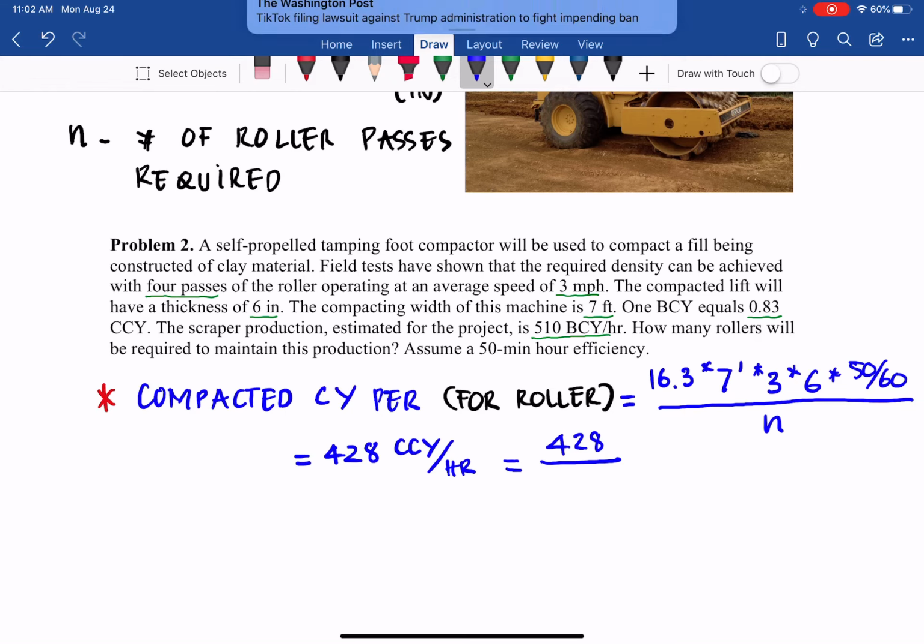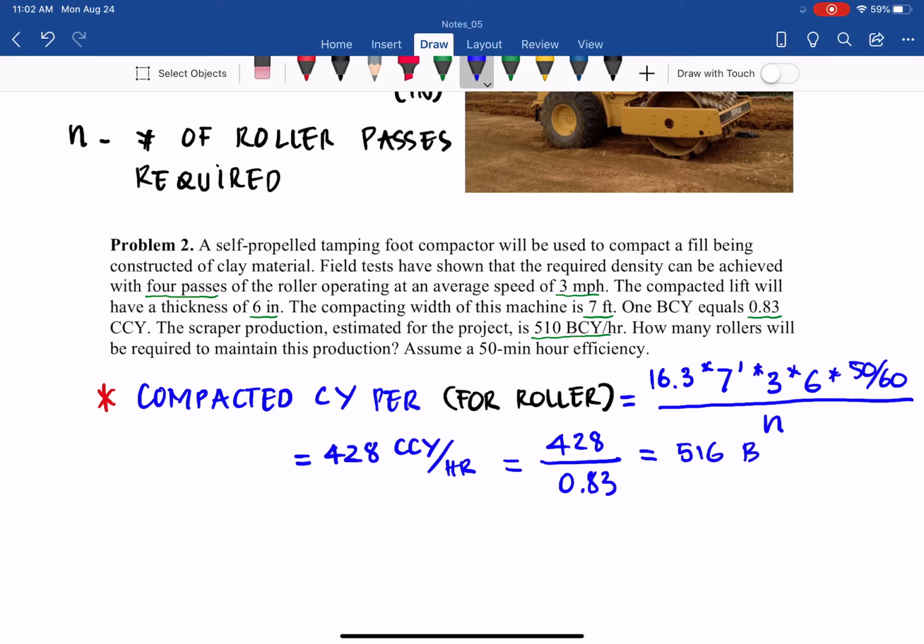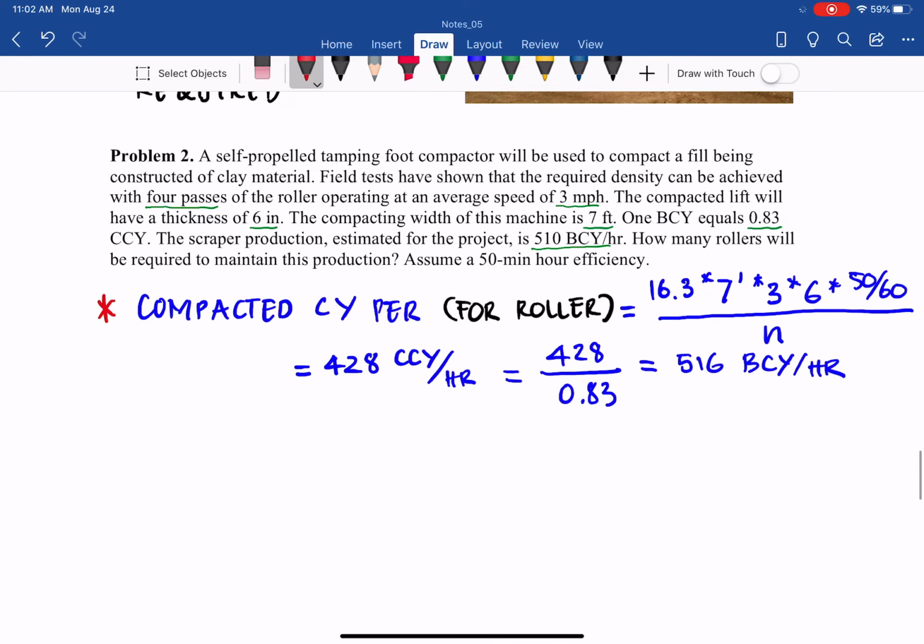So you divide by 0.83. And from that we have 516 BCY per hour. And when you have that production, we can compare and determine the number of rollers required.